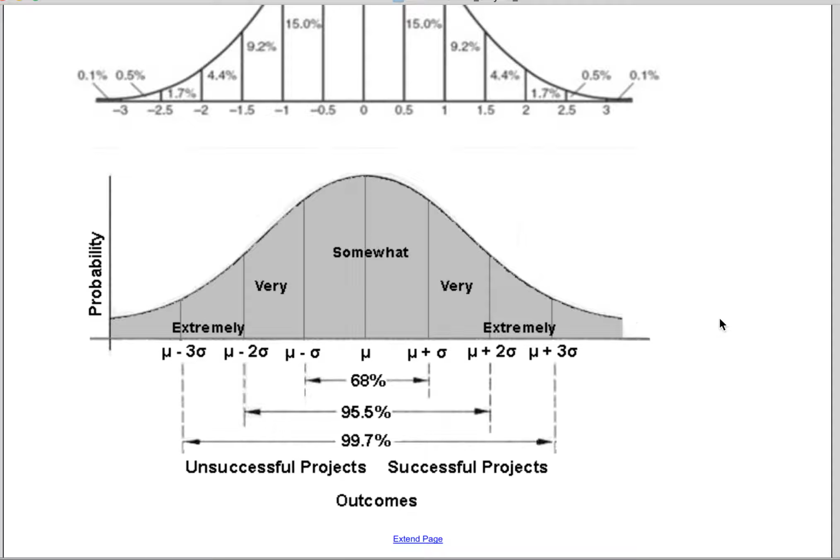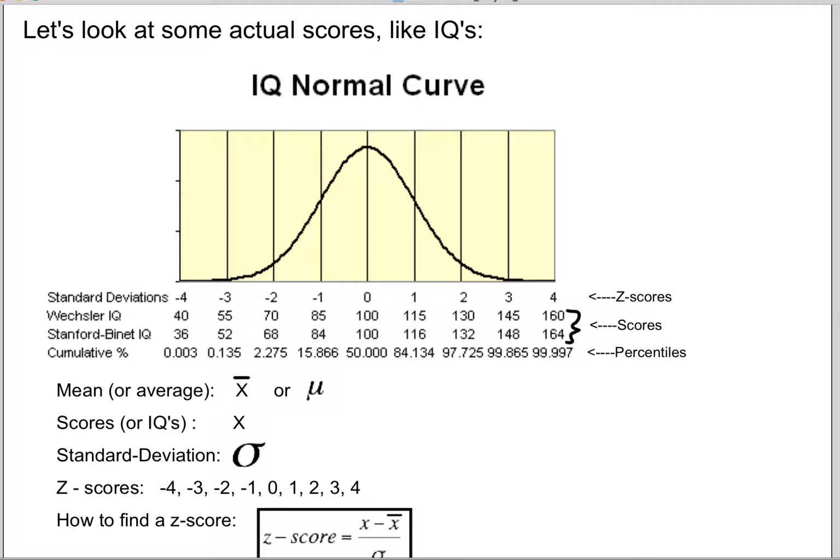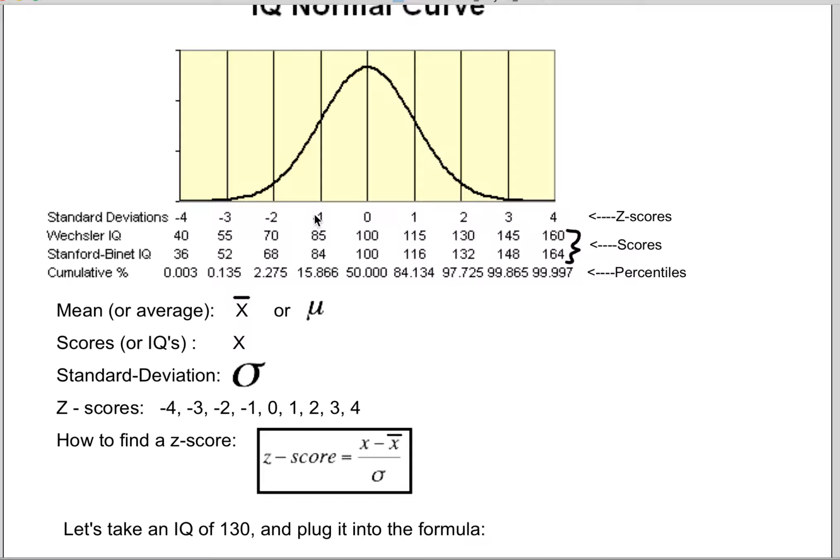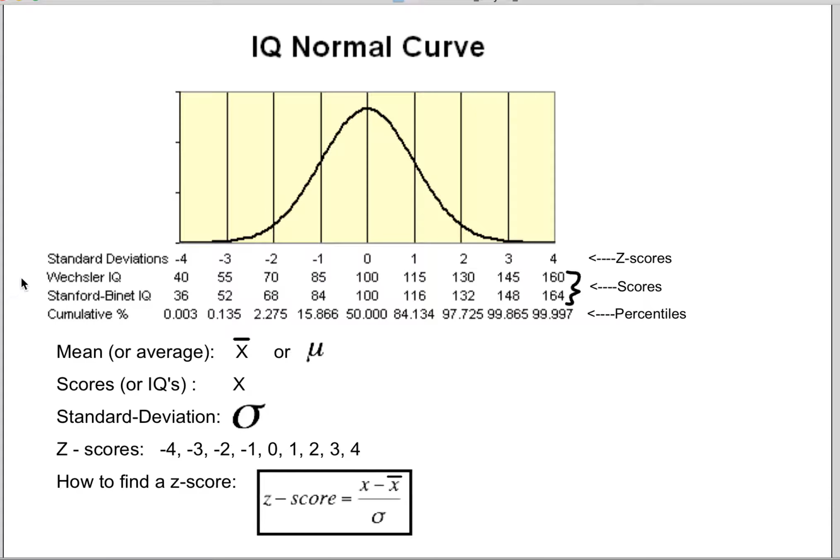Let's look at something that we might know a tiny bit about that gives you a better idea. Let's look at some IQ scores. On some IQ scales, we've got 2 here, the Wechsler and the Stanford-Binet. People's IQs seem to follow along the same path, 0 being the mean, and in this case, they both have a mean of 100. 15 points above that is 1 standard deviation.